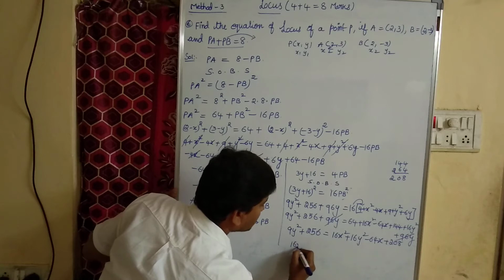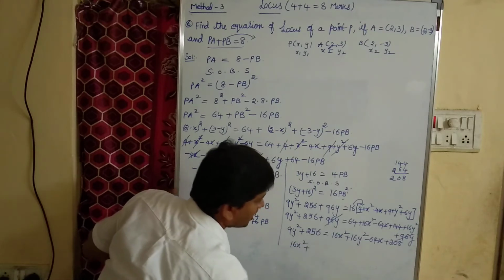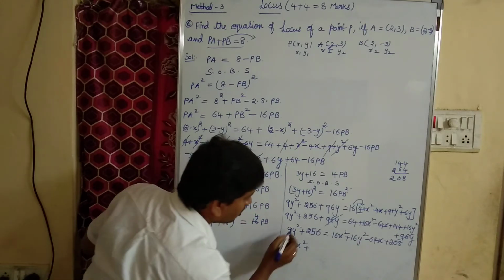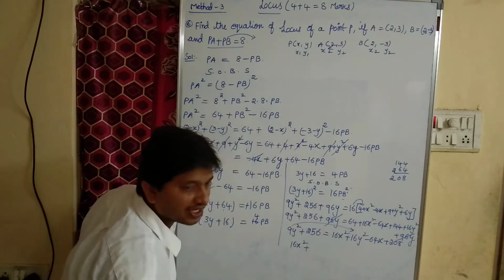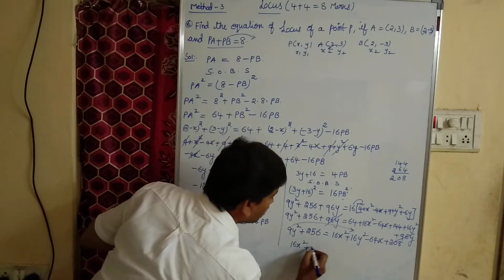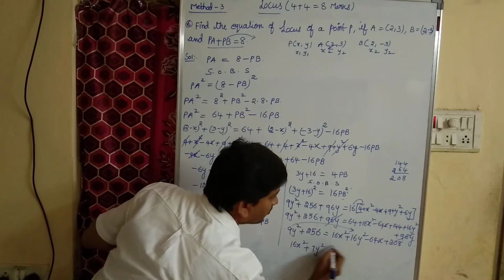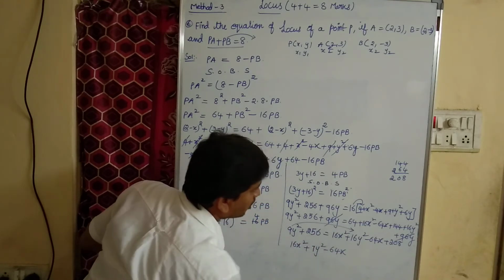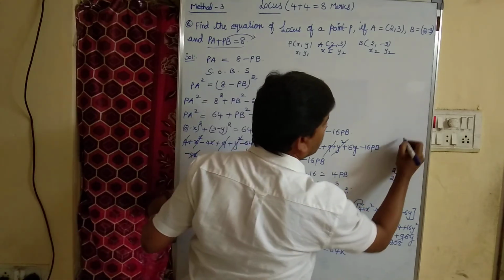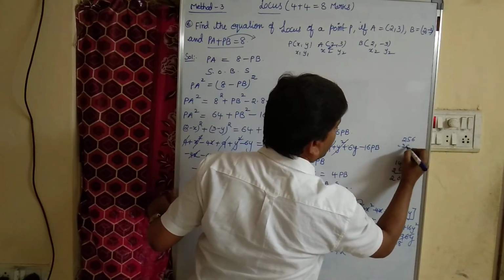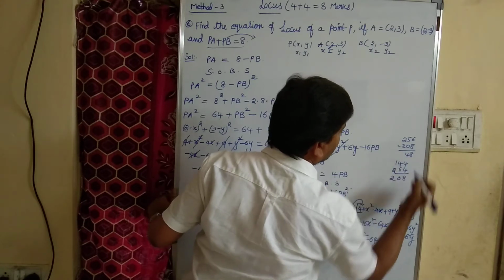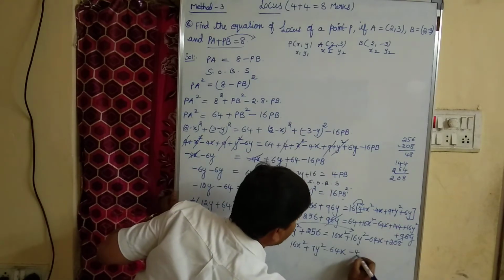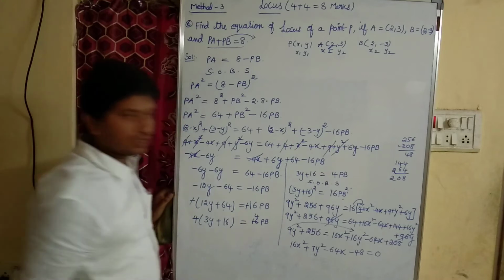As we have 16x square plus here 16y square is there. If you transpose 9y square towards the right hand side, 16 minus 9 which is equal to 7y square. Then 64x, 256 minus 208, 48, which is equal to minus 48, that is equal to 0.